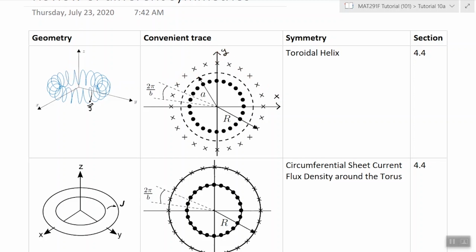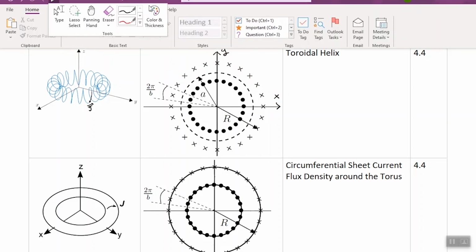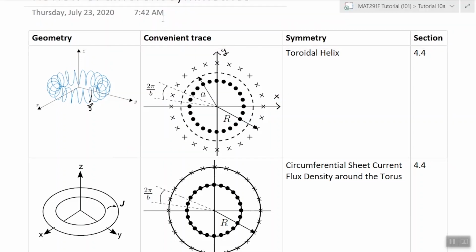The field produced by the torus will be somewhat similar to the field produced by the helix. So it also goes sort of inside the helix, and is 0 outside the helix.